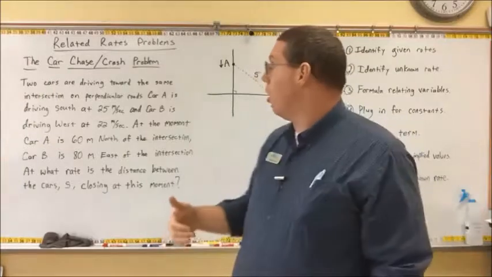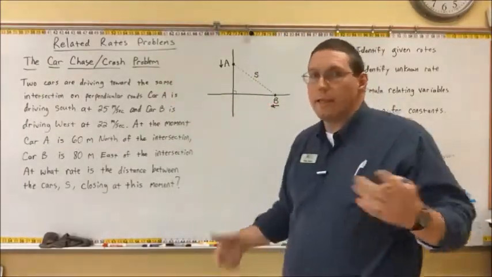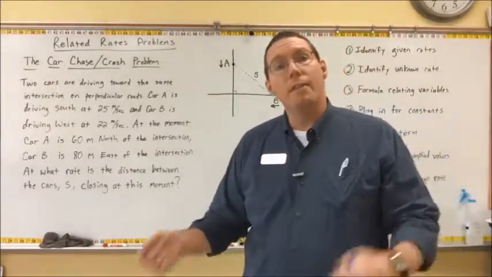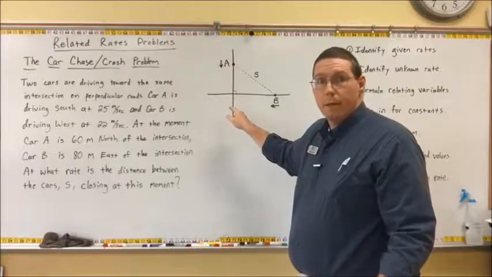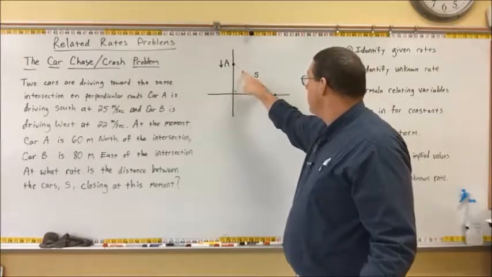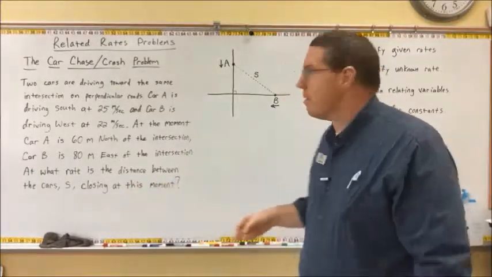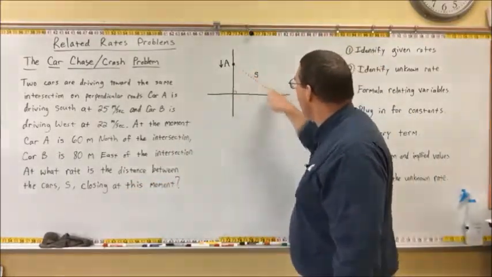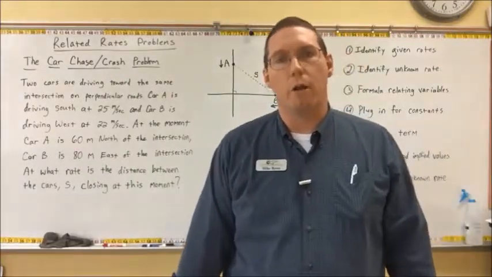So the one I call the car chase problem, in this situation, unlike the ladder problem, in the ladder problem both legs were changing, but the hypotenuse was not changing. It was constant. In this case, both legs and the hypotenuse are changing. All three sides of the right triangle are changing.